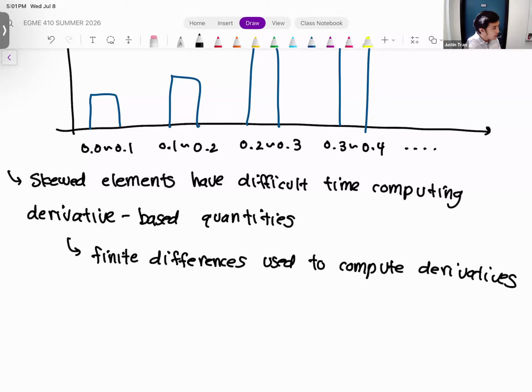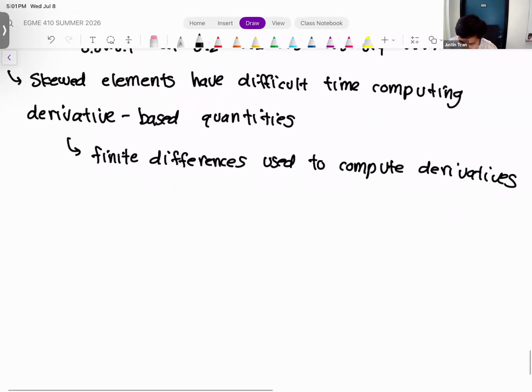So it sounds similar. I know they both have finite in the name, but finite differences is something that's fundamentally different than finite elements, although they're used a lot. Okay? So the idea with finite differences is the following, without launching into a full lecture about them.